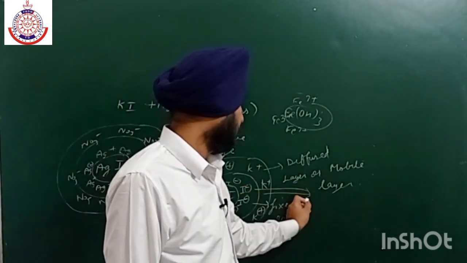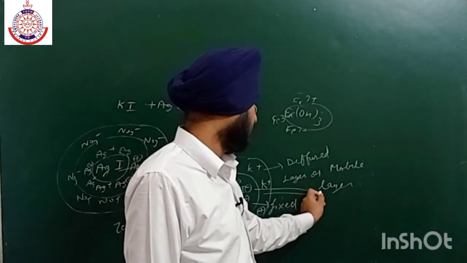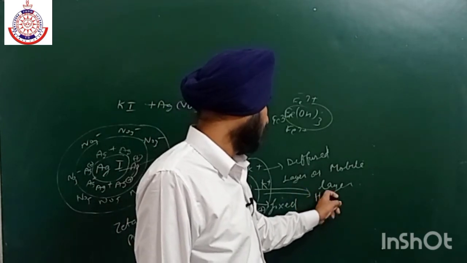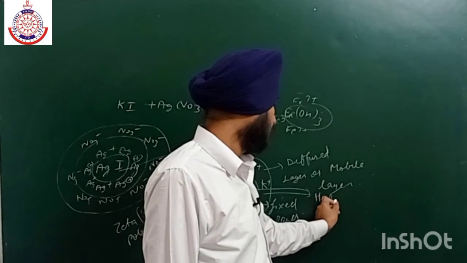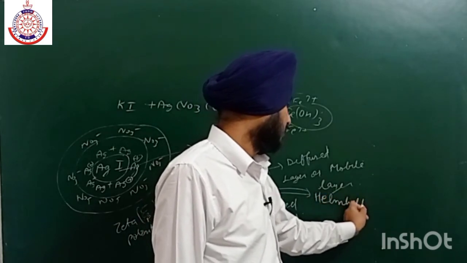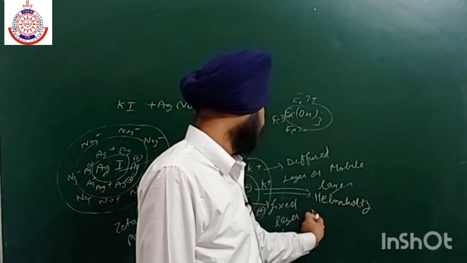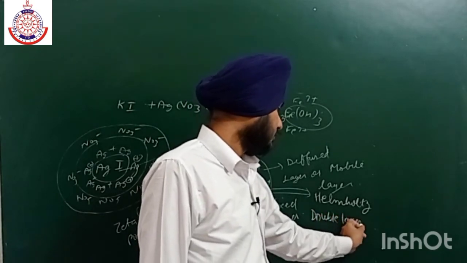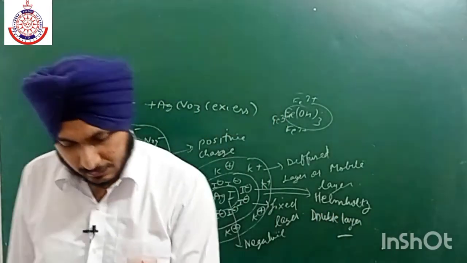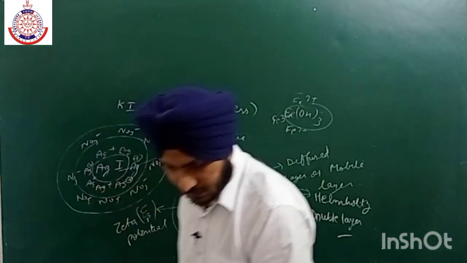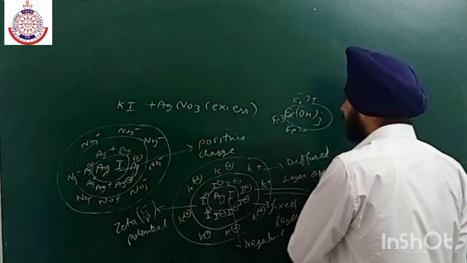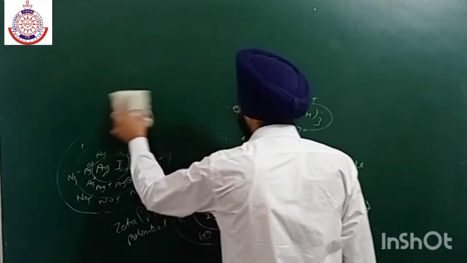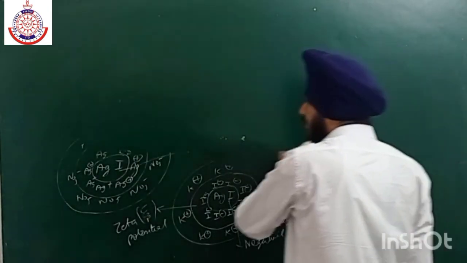This is known as the Helmholtz double layer. Okay, Helmholtz double layer.